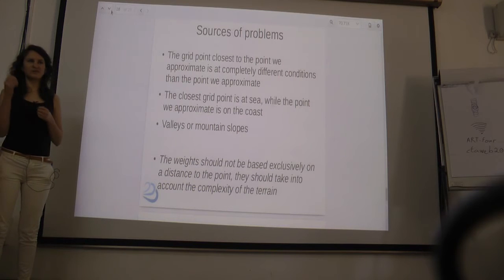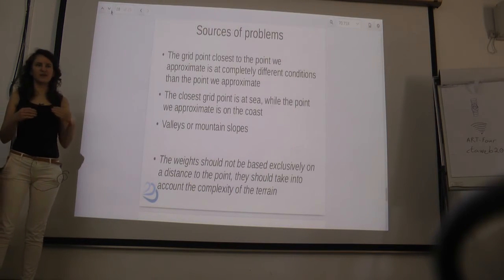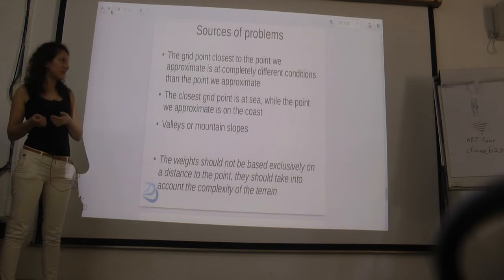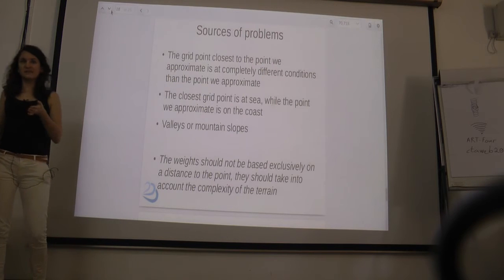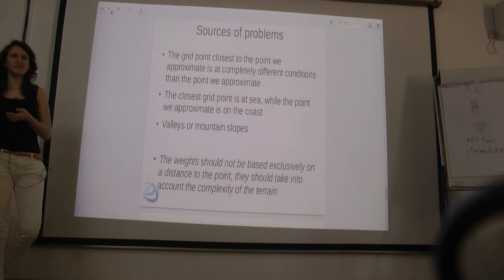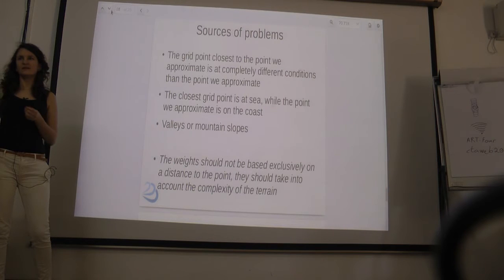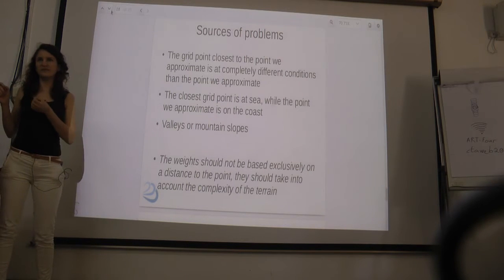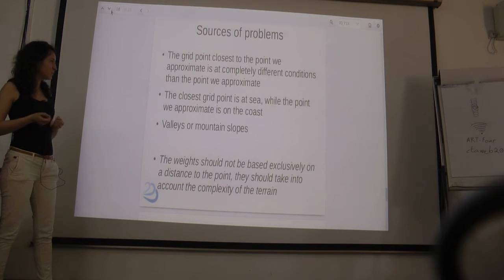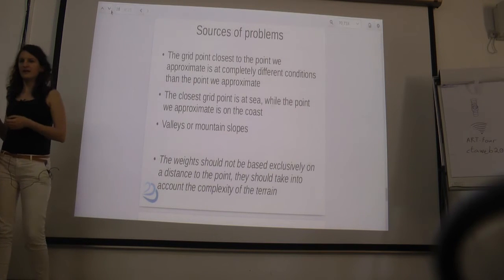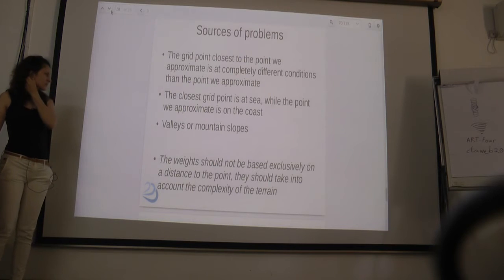Just because the closest grid point is on the sea and your observation is on the land, or you have some sudden change of terrain, your closest point is in a completely different regime and conditions than the point that you want to forecast.